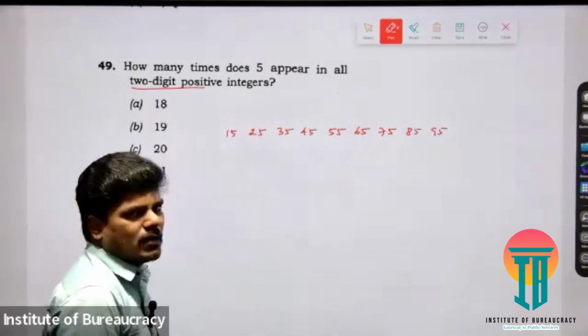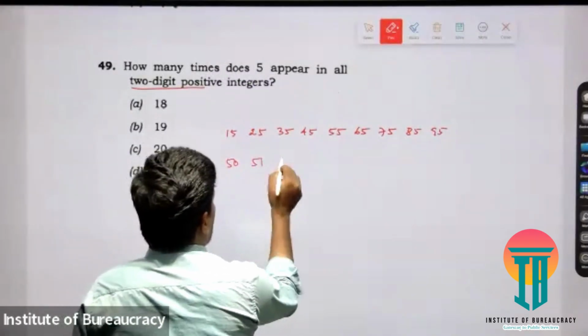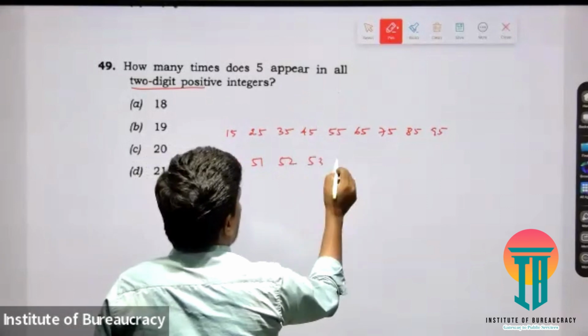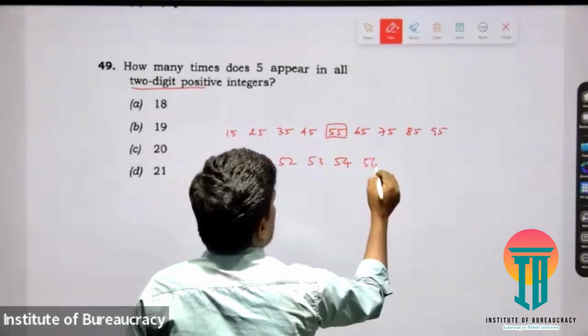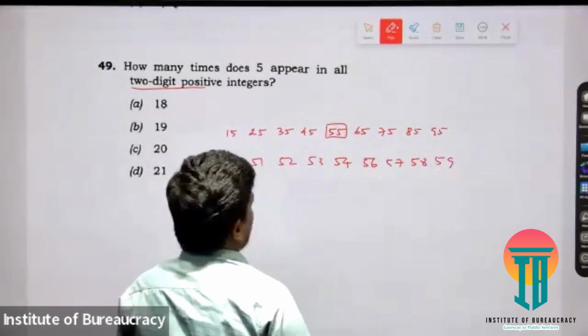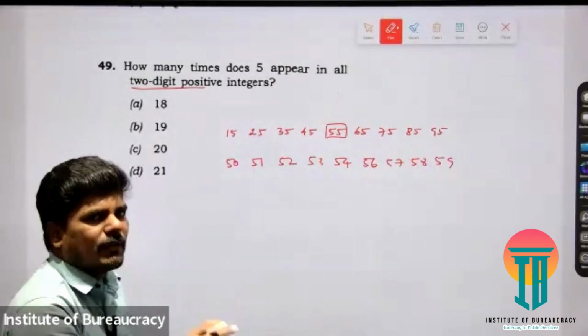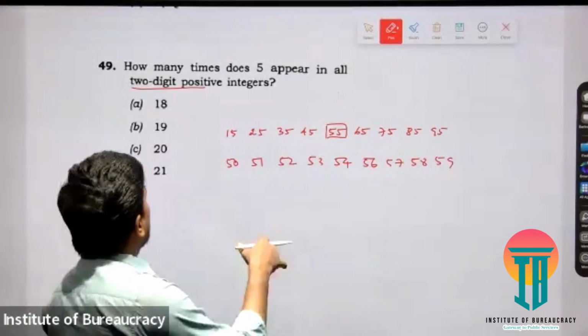These are the 2-digit numbers where 5 comes. Not only this, we also have 50, 51, 52, 53, 54, 55, 56, 57, 58, 59. That's it. No other numbers where 5 is going to come.